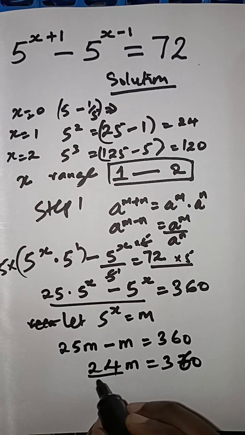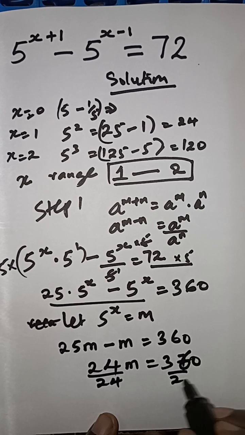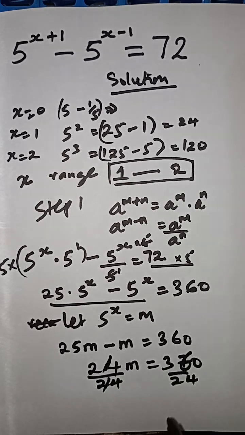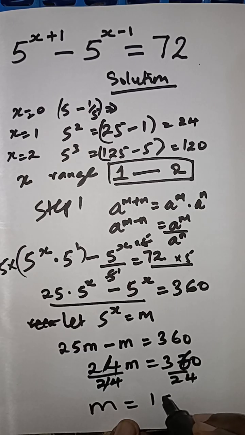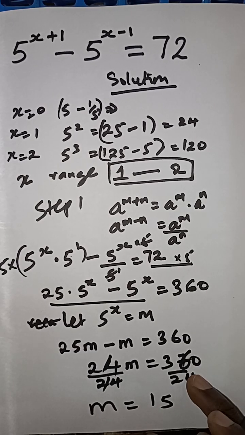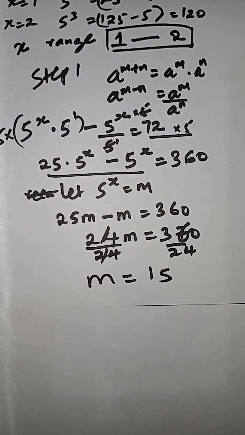So for me to get m, I'm going to divide all through by 24, so that the value of m becomes 15. Of course, 360 divided by 24, you're going to get 15.